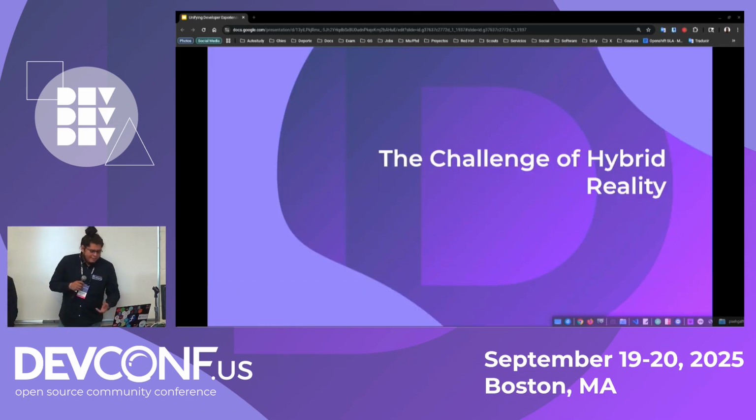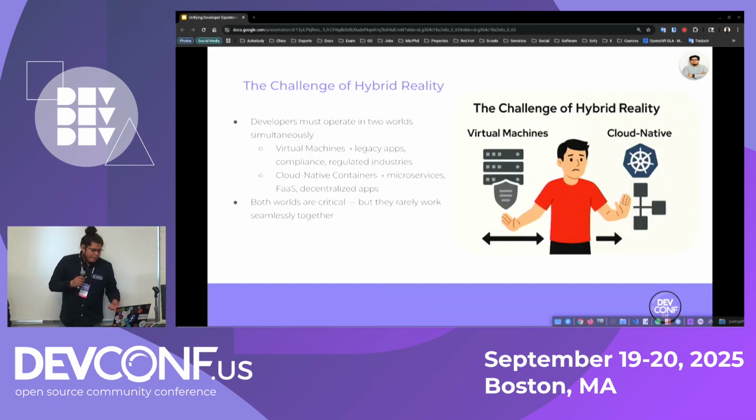The necessity, the challenge of hybrid reality: now that we see the value of unification, the challenge of hybrid reality becomes clear. Developers are being asked to operate in two worlds at the same time. On one side, we have virtual machines, still essential for running legacy applications, meeting compliance requirements, and serving industries where regulation demands stability above all else.